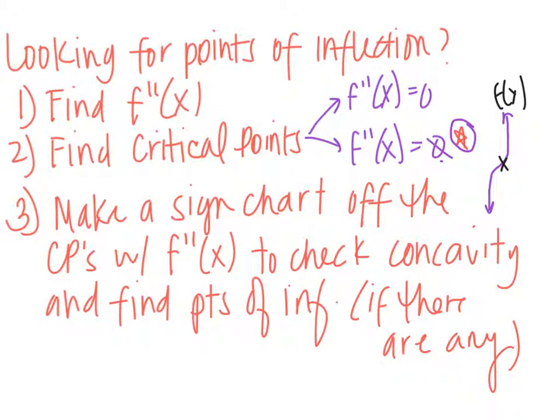But the slopes of the tangent lines, if we drew slopes of tangent lines, the change of the change is changing. The slopes of the tangent lines are changing. So since the slopes of the tangent lines are changing, that means it's building concavity. It's building a function that's going to hold water or repel water, however you remember it.